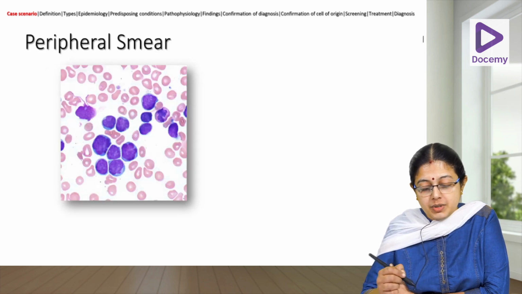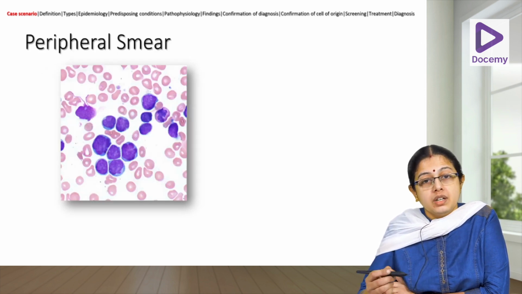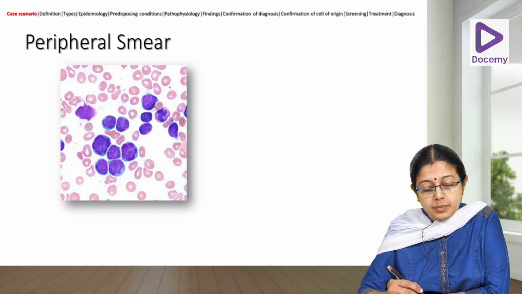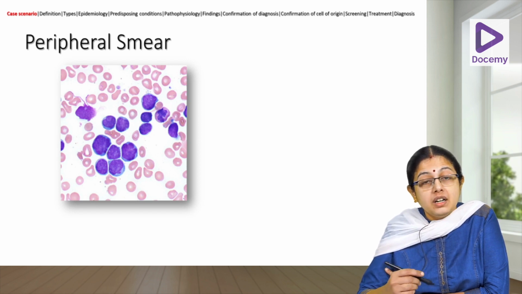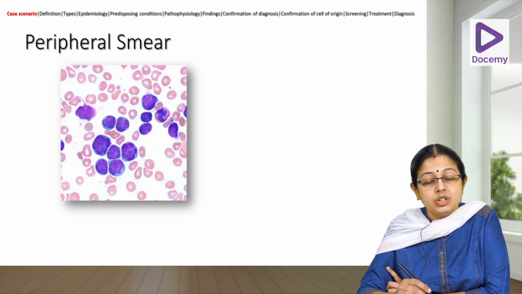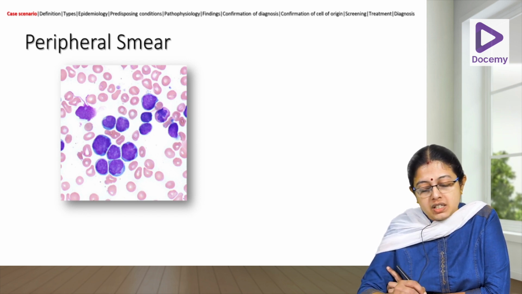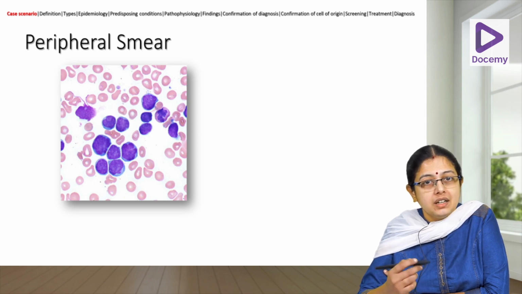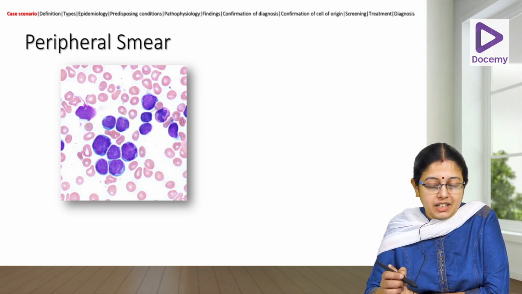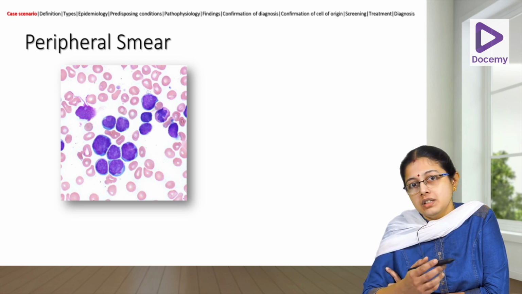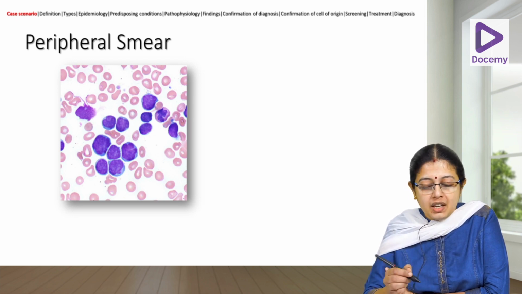When you look at the peripheral smear, what do you see? You can see that the patient has blasts with very large nuclei, sparse cytoplasm. The cytoplasm doesn't seem to be having any granules like you saw in the first patient.